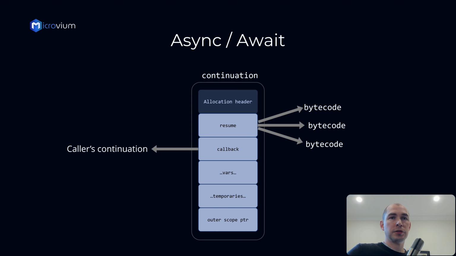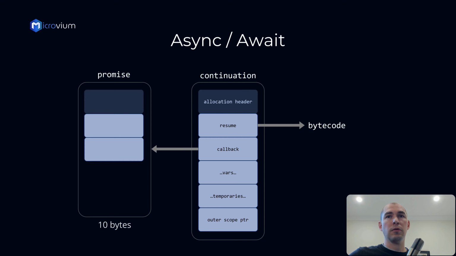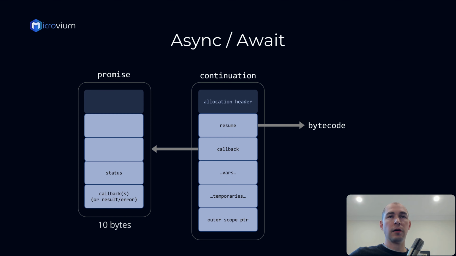If the async function wasn't await called, that is, if the resulting promise wasn't immediately awaited, the engine would also construct a promise. A promise is a 10-byte structure with all the normal object machinery and an internal status slot to say if the promise is pending, resolved, or rejected, and a callback slot that points to any of the awaitor's continuations.